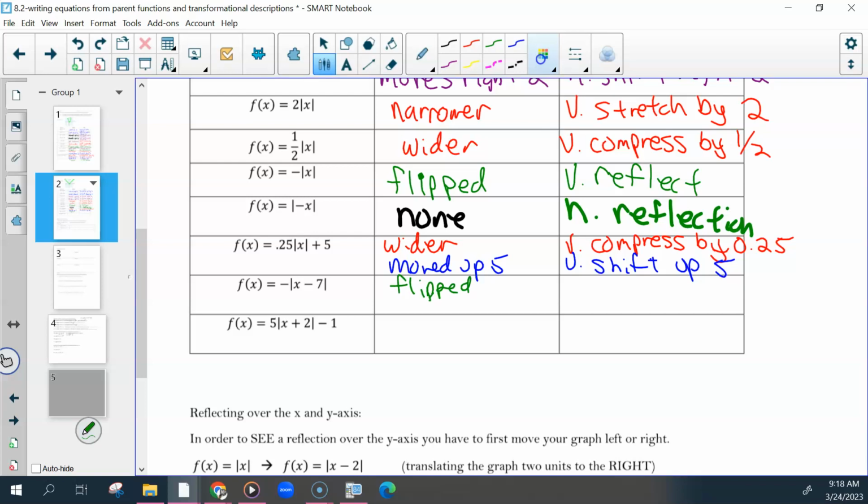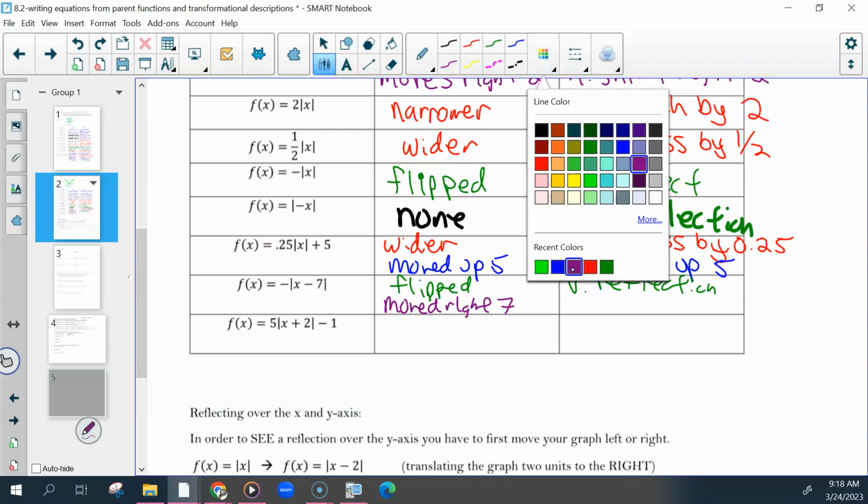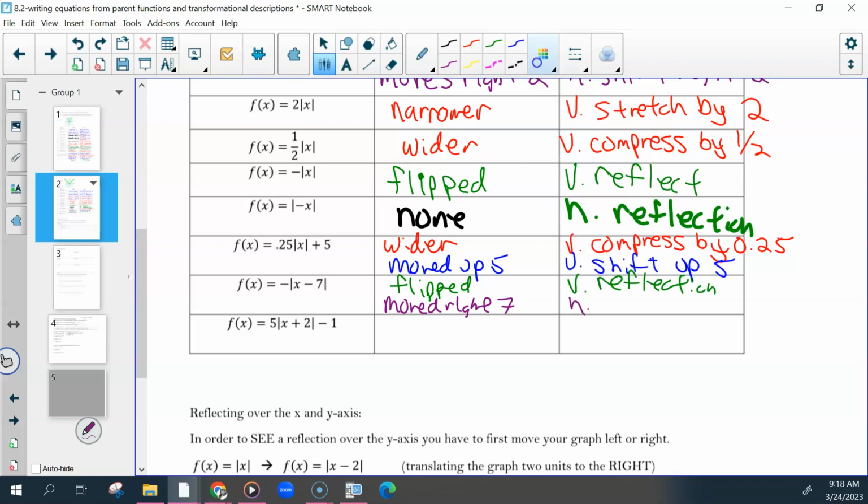And right side, yes. So what would those two rules be? Vertical reflection. Horizontal shift, how much? And yep, not left but right, and 7.